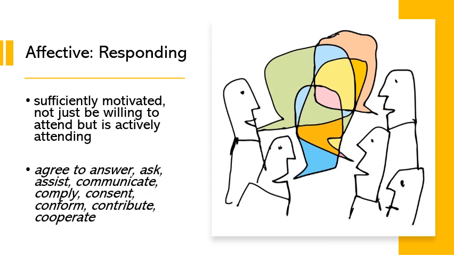So the verbs being used for this level are the following: agree, answer, ask, assist, communicate, comply, consent, conform, contribute, cooperate. I will give you another 5 seconds to skim through the words again. Let's go to the next slide.